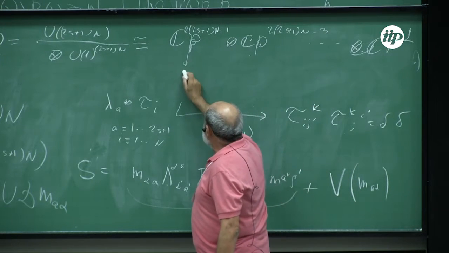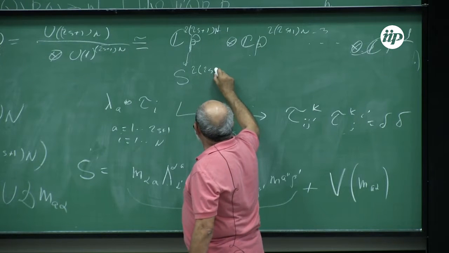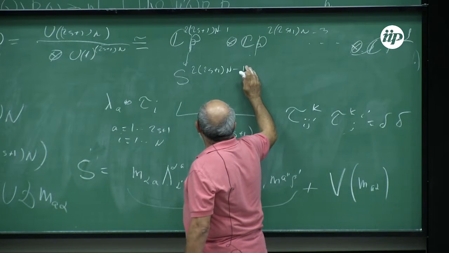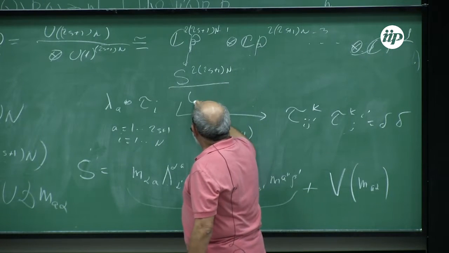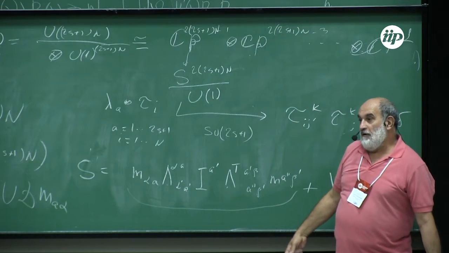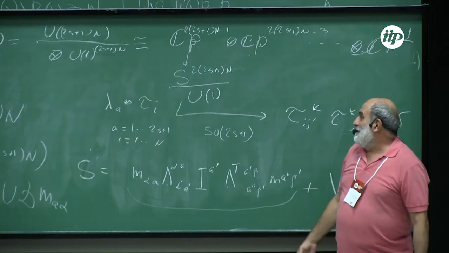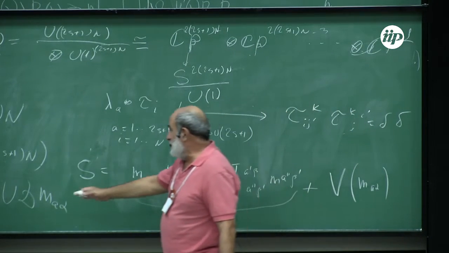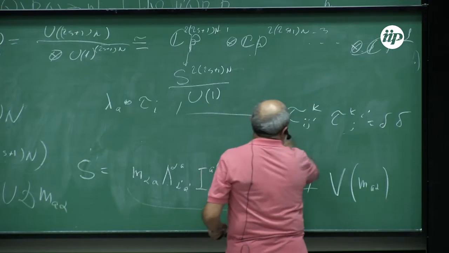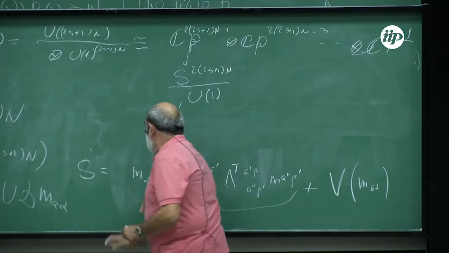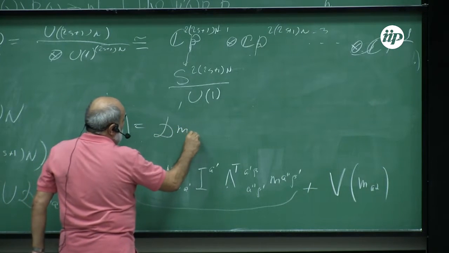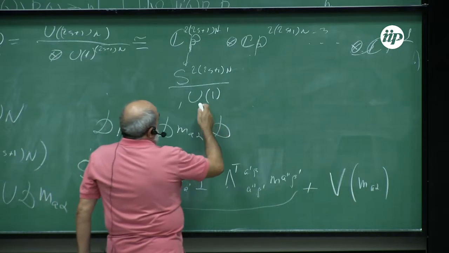Each of those is a sphere of dimension twice 2s plus 1, n minus 1, factorized by the U(1) subgroup. So this shows that the measure of integration over the adjoint space can be written as D lambda matrix equal to D diagonal elements A alpha, and D this factor.